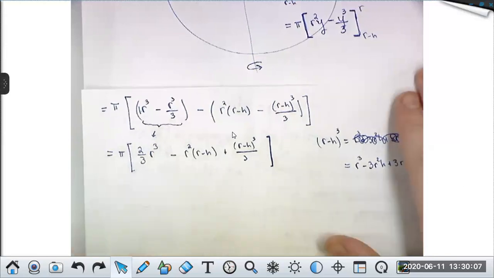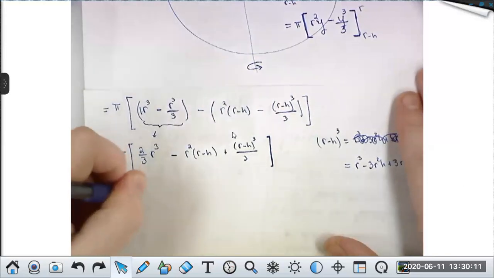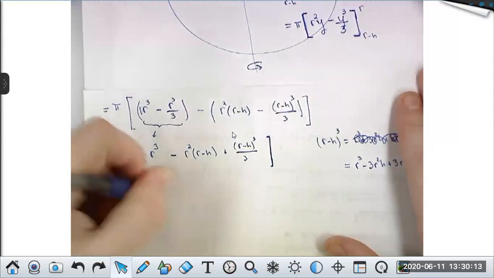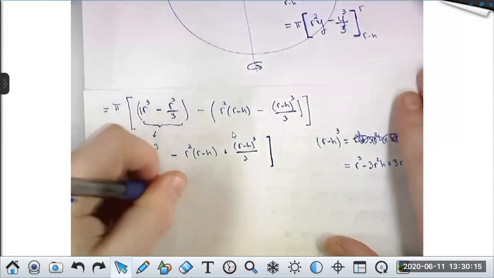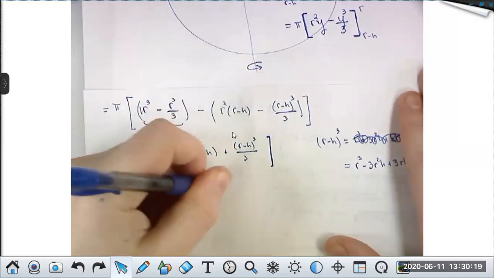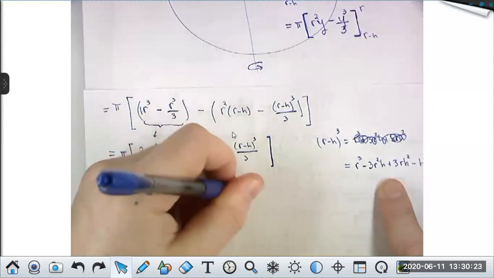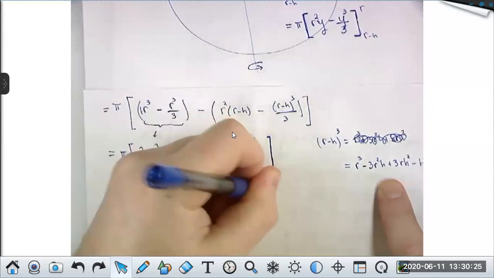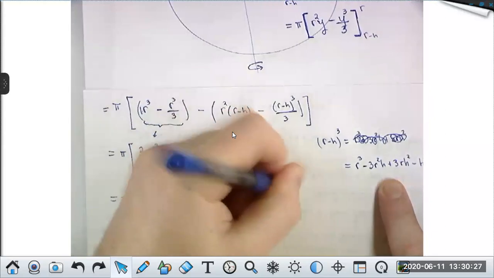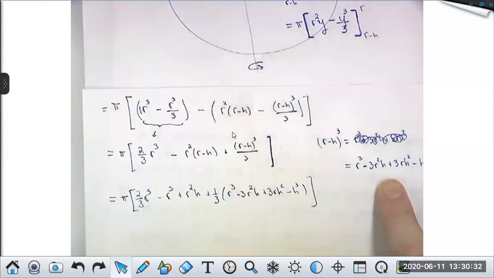If you wanted to, you could keep going. You can distribute the 1/3 and see if there are any terms able to combine.